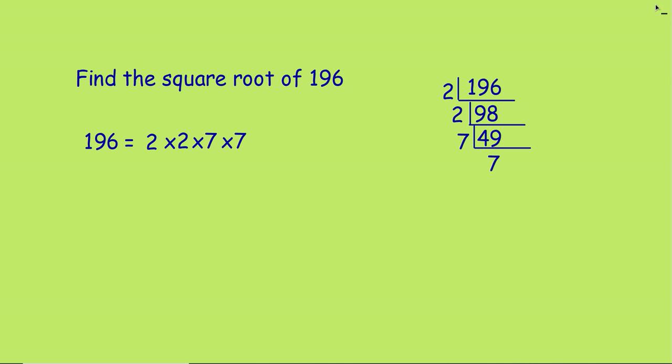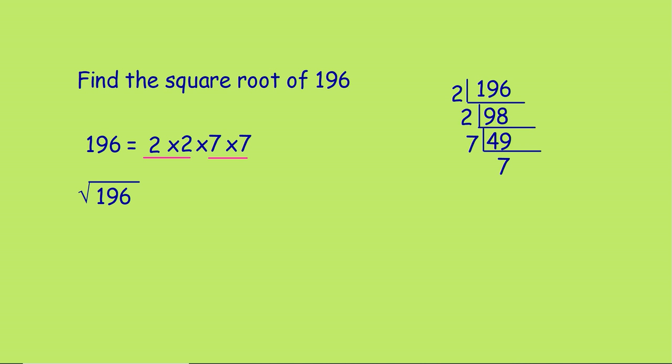Here you can see 2 occurs 2 times and 7 occurs 2 times. So to find the square root of 196, you just take half the number of 2s and half the number of 7s. So the square root of 196 is equal to 2 into 7, which is equal to 14.